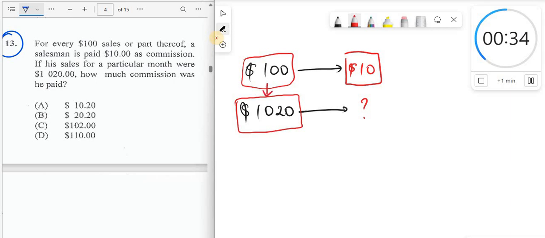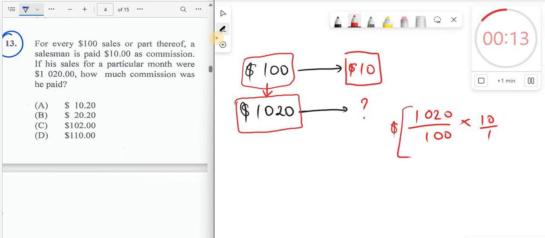So you're trying to figure out how many $100 he'll be getting. We divide the 1,020 by 100 to see how many $100, and for each of those $100, he's getting $10. So we multiply by 10, and that's the amount he'll be getting in commission.